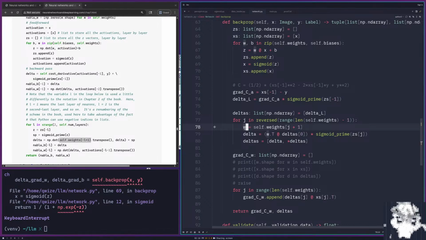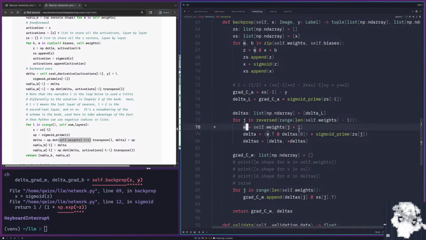So I'm getting the one at j plus 1, which is the same as what he's doing, just with me indexing it in a different way. Take the transpose, multiply that by delta, which is the last delta. That's how he's doing it, he's just remembering the last delta.